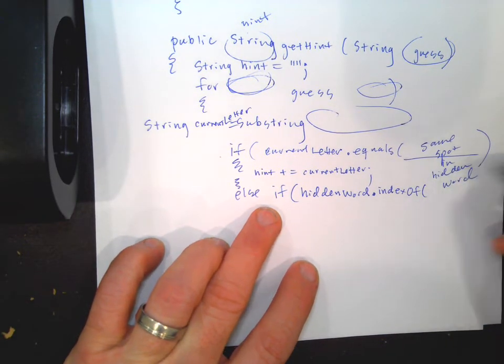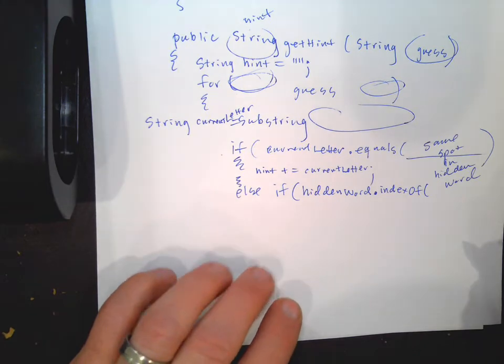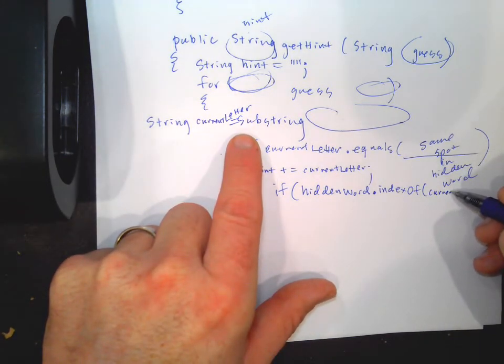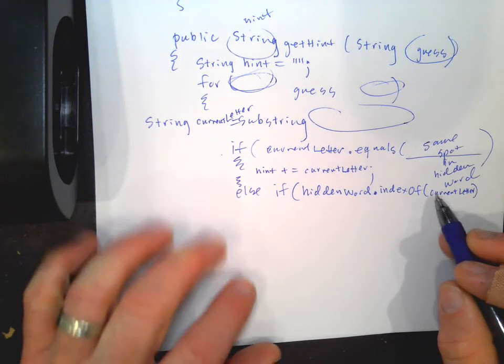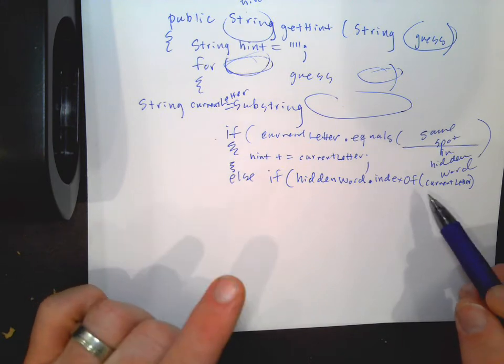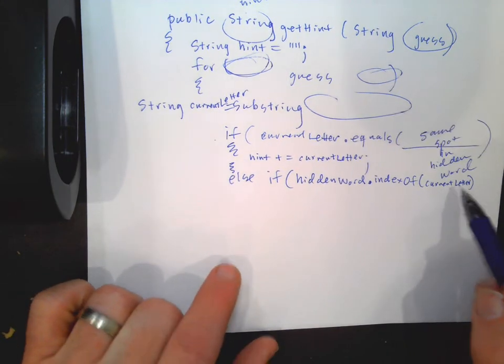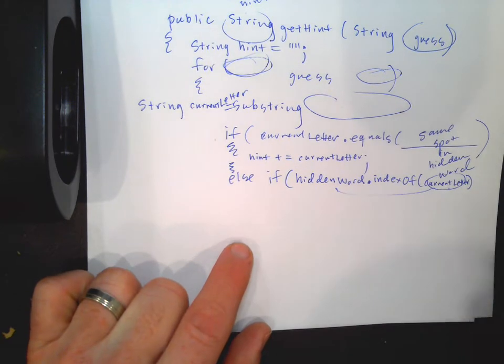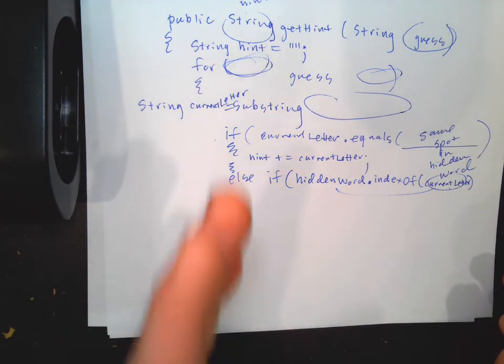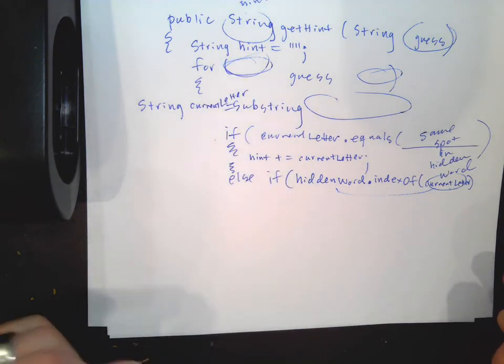Okay, this is a built-in method in the string class, .index of, and then we could look for the current letter. Okay, now what it does is it returns an int that corresponds to the spot in the word that this is. It's looking for this guy in there. Okay, and it returns the first. Actually, returns the first spot that shows up.